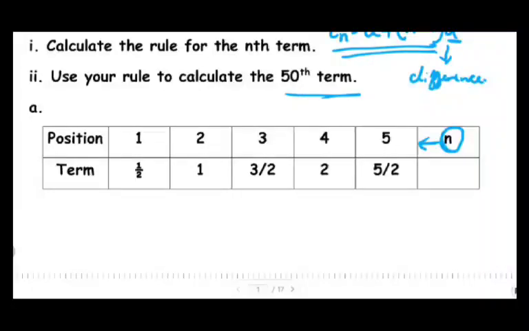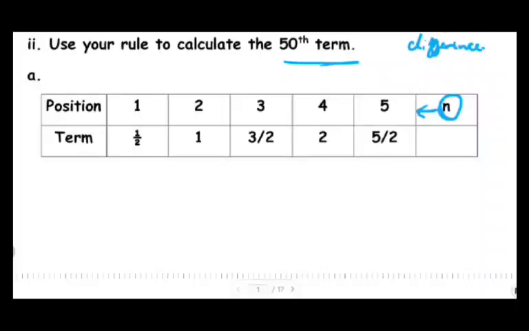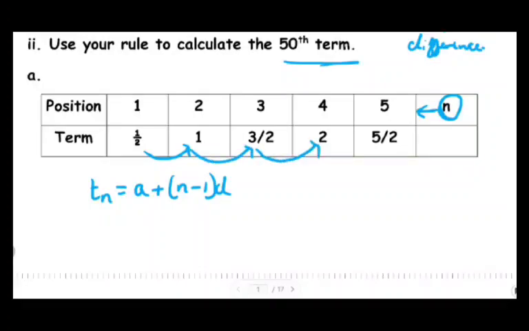To find the rule, I'm going to use the general formula Tn = a + (n - 1)d. Children, one more important instruction: this general rule is good only when the difference is the same. All right, so what is my a value?